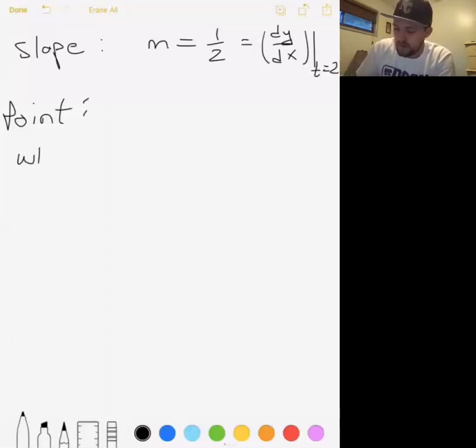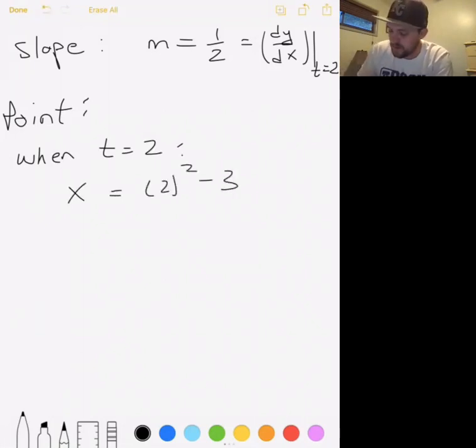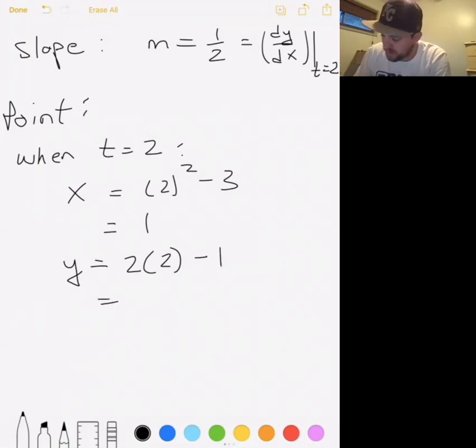So when t equals 2, x equals t squared minus 3. So 2 squared minus 3, which is 1. And y is 2 times t now, which is 2 minus 1. So y is 3.